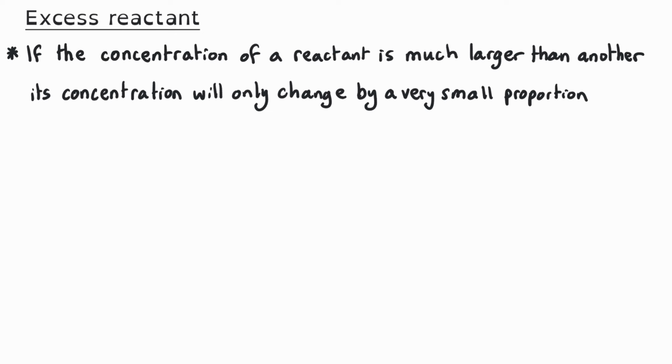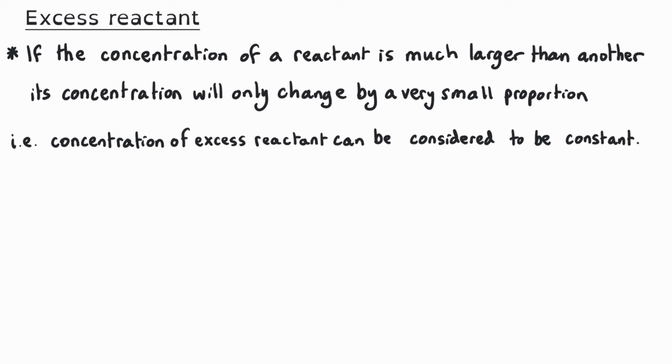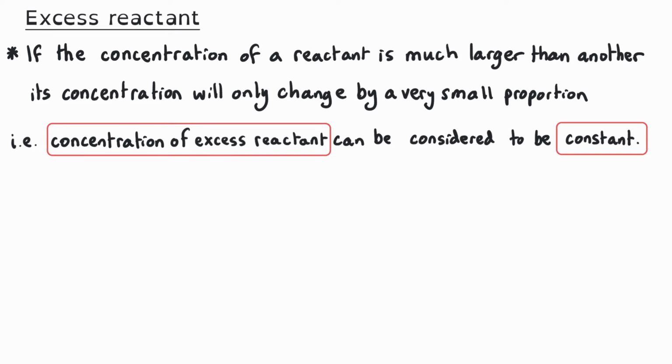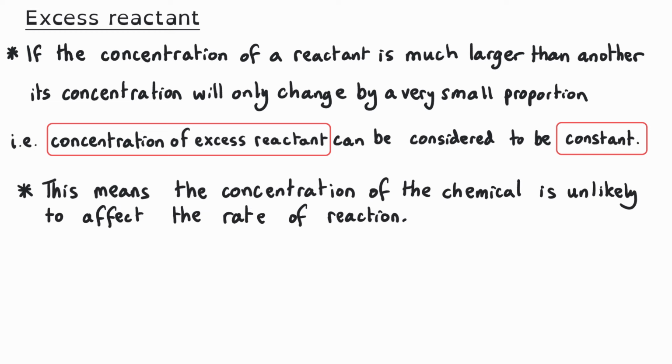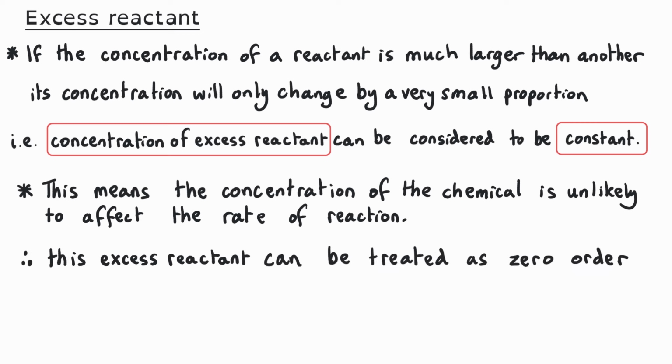In other words, we can consider that change to be negligible, and therefore the concentration of this chemical that is present in excess can be considered to be effectively constant. And that means that the concentration of this chemical is unlikely to have any effect on the rate of reaction. And so this means that this chemical can be considered to be zero order.